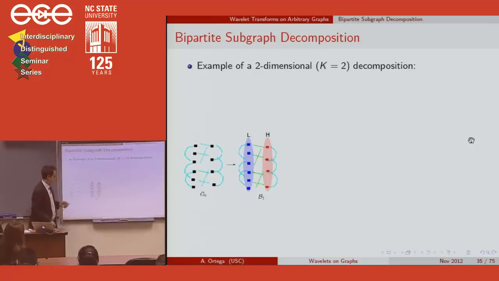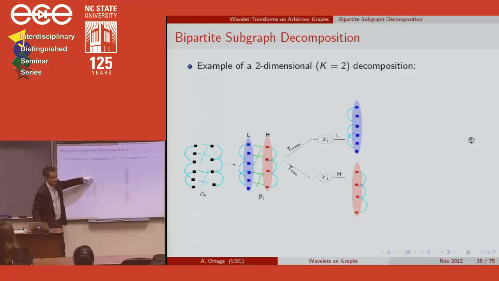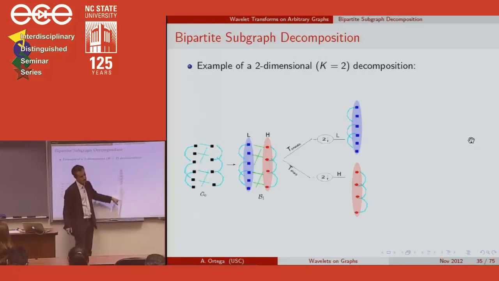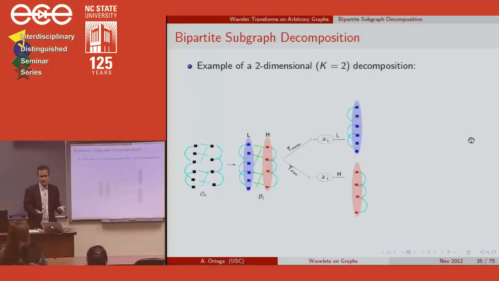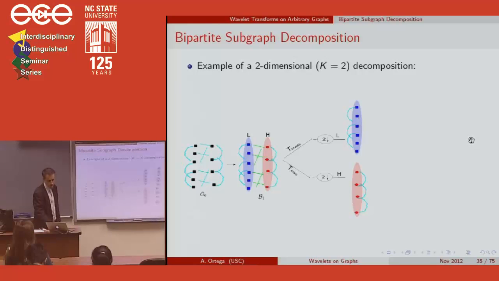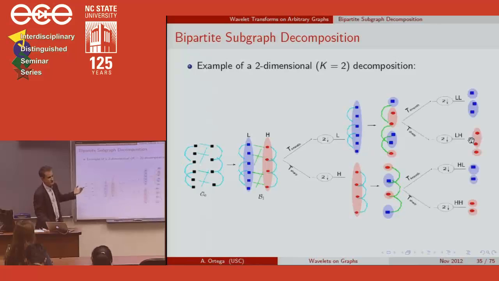Okay? And then once we're done with that, we're left with low-pass and high-pass information at each of the nodes. Then we put back the links that we ignored in the first iteration. Okay? We put them back, and now we do a second pass of filtering, which again gives us low pass and high pass. Okay, so this would be a direct analogy with the way we treat images.